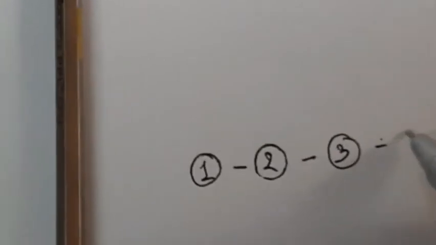Now let's talk about the instrument formula. As you have seen, the instrument formula consists of 4 numbers separated by dashes or hyphens. So what do these numbers mean?